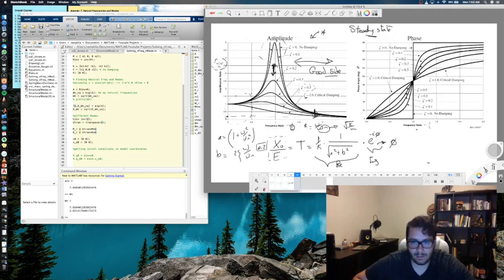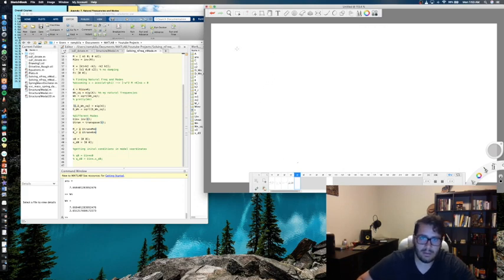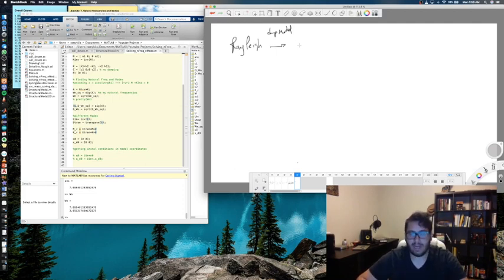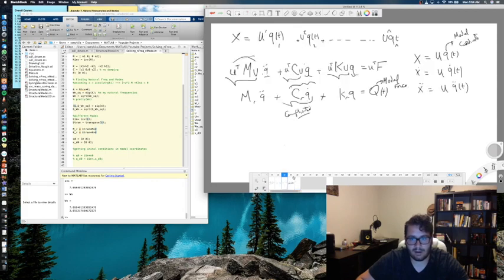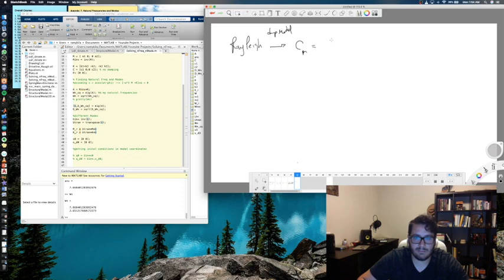So there is something called Rayleigh's method, Rayleigh's equation, damping model, and I'll talk about it briefly. Basically, I say, what if I model my CR as some alpha value times MR plus some beta value times my KR.